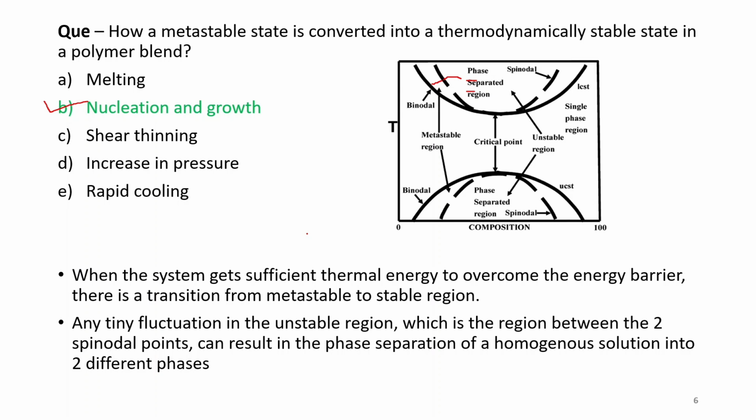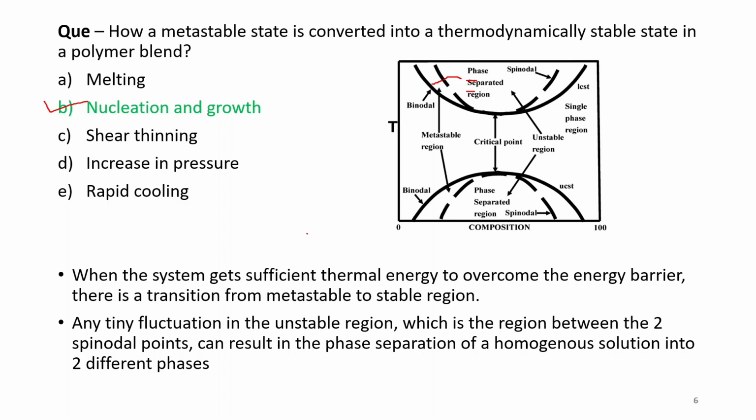So you understand the reason, right? Yeah, rapid cooling is actually what it is doing. Rapid cooling and heating is a process which leads to the nucleation and growth, and nucleation and growth is the main process leading to the formation of crystals.